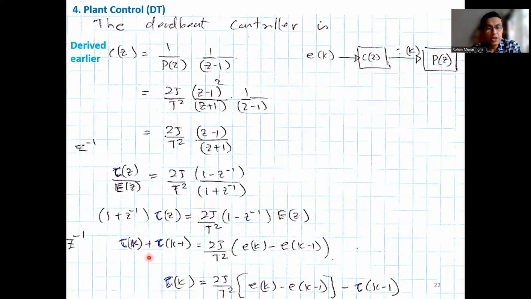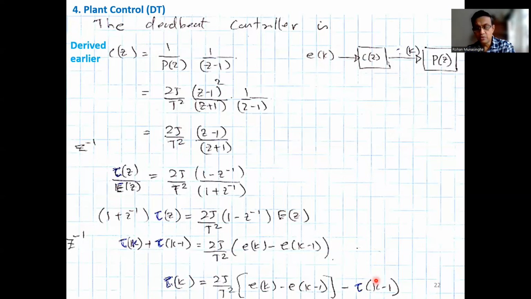So once you take the torque here and move the previous torque to the right hand side, you have a torque equation. So these are recursive equations, because every time you have the difference equation, when you want to calculate, say, torque at the moment, the previous torque is also part of the equation, and that's on the right hand side, right here.